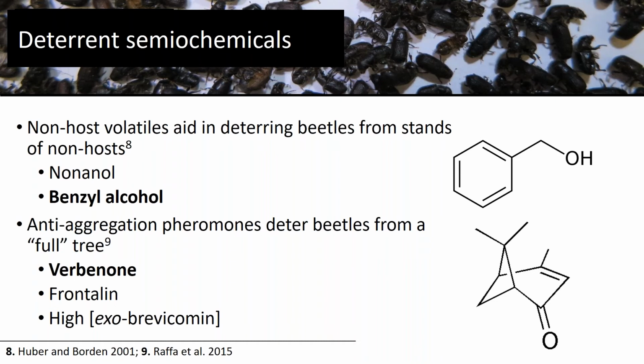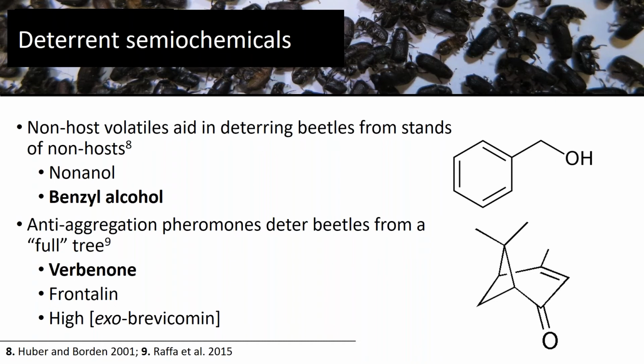Other semiochemicals are considered to be deterrent, and some deterrent semiochemicals include volatile organic compounds released from non-host trees, such as nonanol and benzyl alcohol, released by trembling aspen.